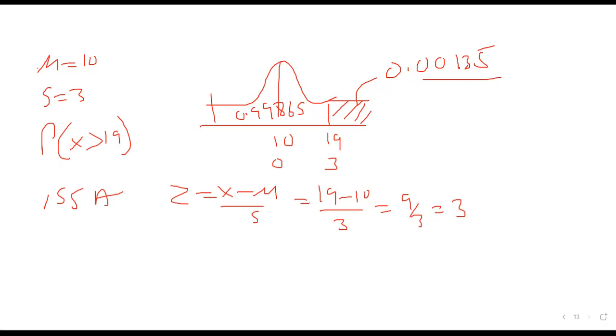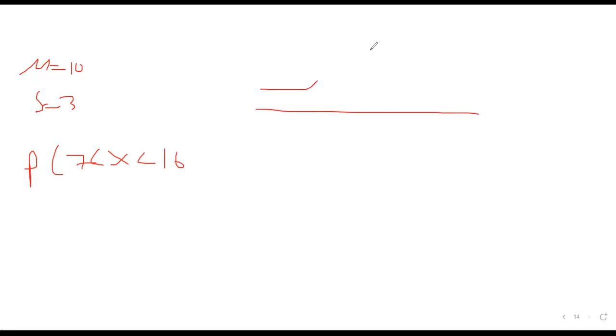All right. Before I go to exam type questions, let me also take you through intervals. The mean is 10. The standard deviation is 3. They ask you to find the probability between 7 and 16. So in this case, our 10 is here, our 7 is here, our 16 is there. So we're going to shade this region.